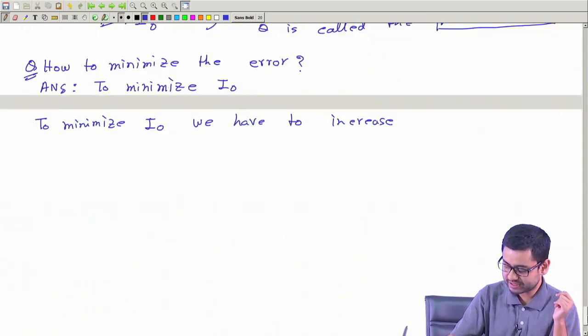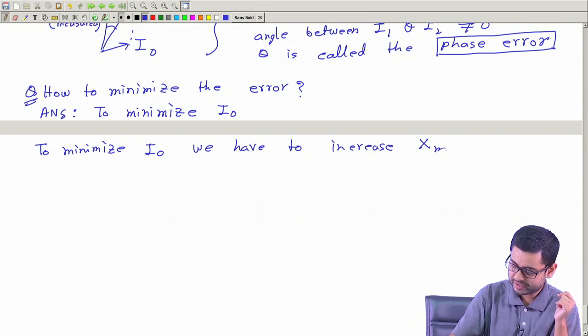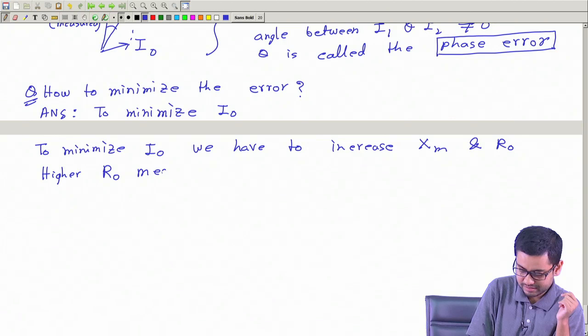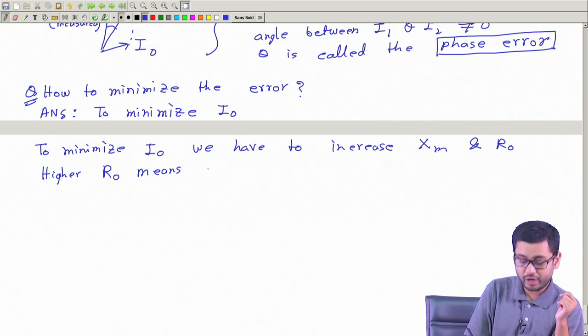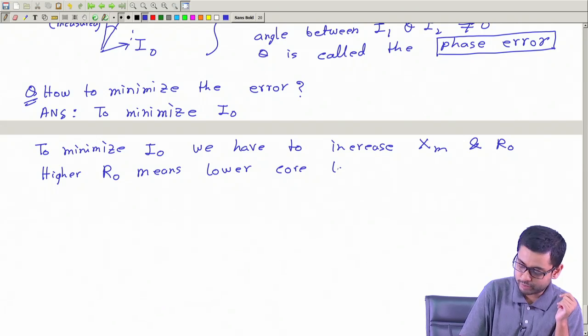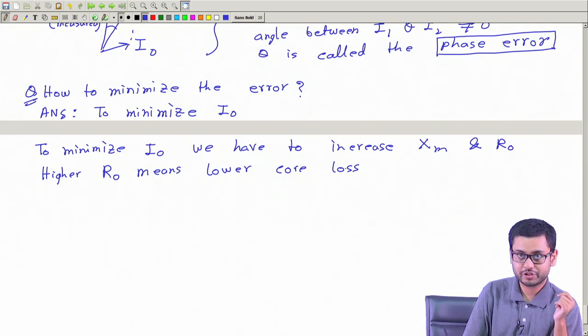So you have to increase Xm and R0. Higher R0 actually means lower core loss. So you have to ensure lower core loss if we want to increase R0. So to get higher R0, we have to get lower core loss.